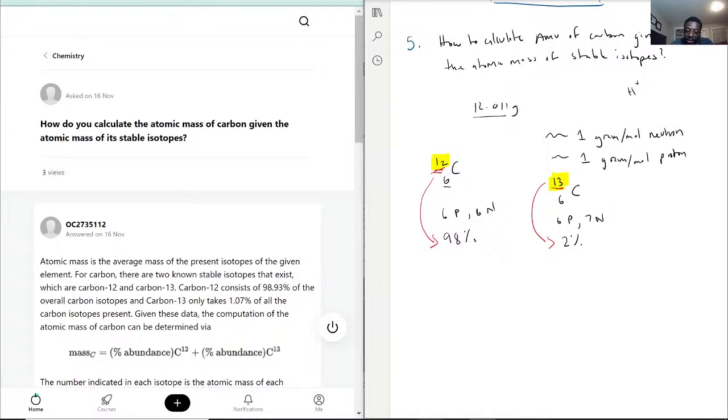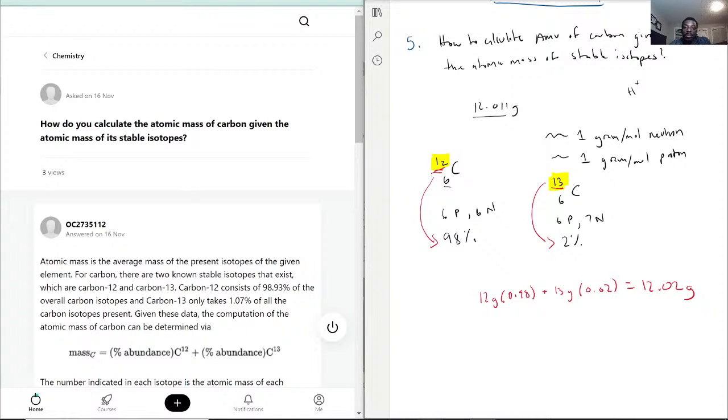In this example I'm using 98 and 2, so it'd be 12 grams times 0.98 plus 13 grams times 0.02, because these are percentages, so it's whatever number divided by 100, which is why we have 0.98 and 0.02. When I put that in my calculator, you actually get 12.02. That is how they actually got the atomic mass.